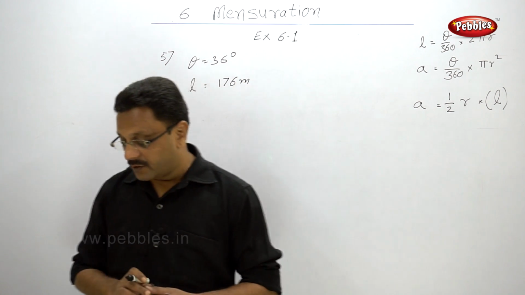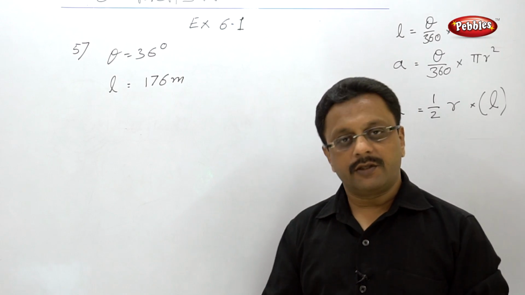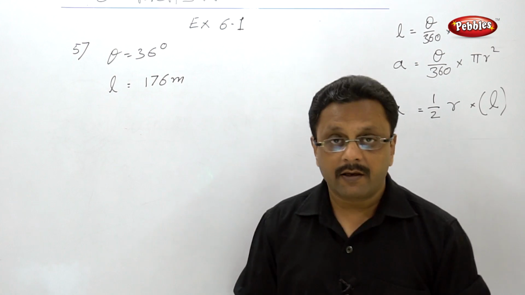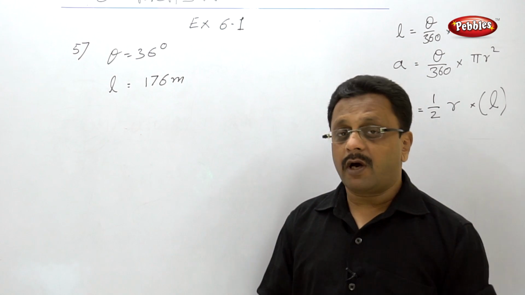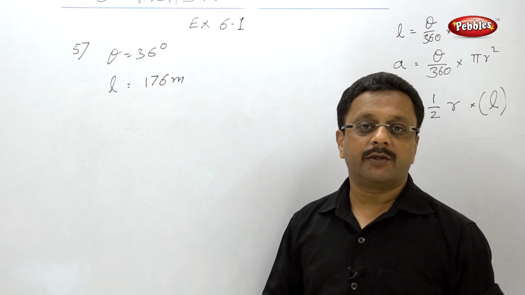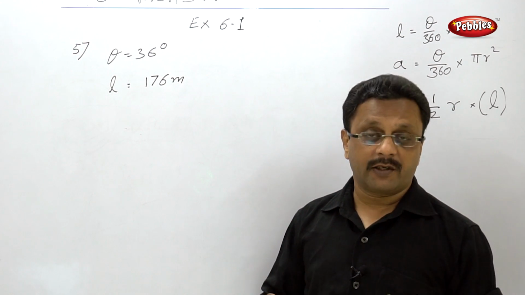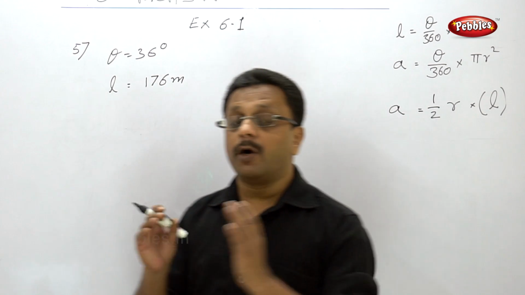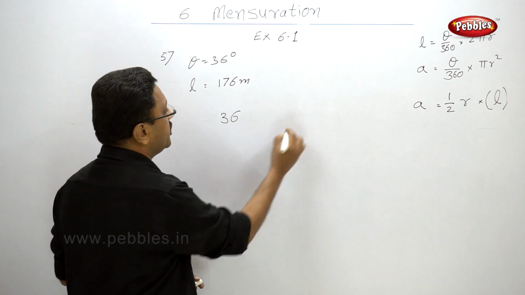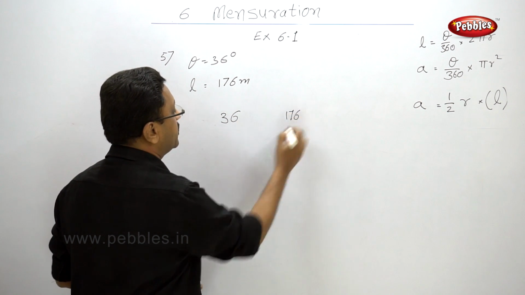Find the circumference of the circle. Now here in this case you don't have to use any of these formulas. Why? Because do you remember how we derived the formula of length of arc? Length of arc means circumference for a particular degree. So I can say for 36 degrees the length is 176 meters.